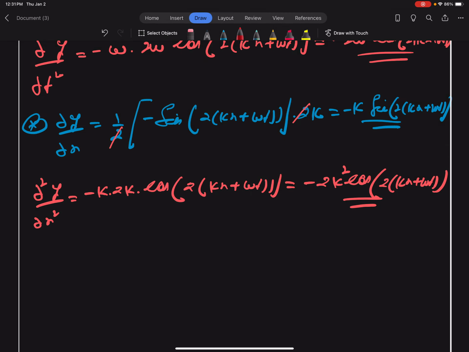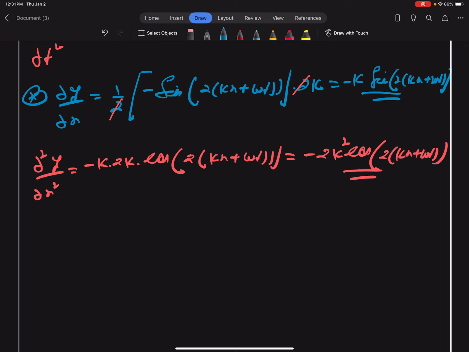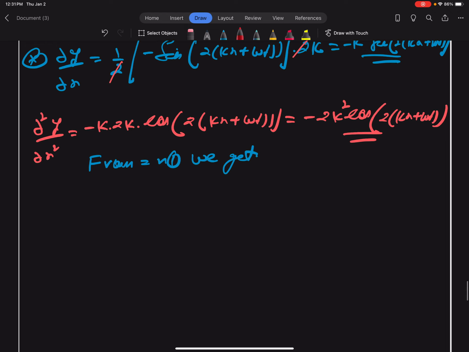Now once again we are going to use equation number 1. So we say from equation 1 we simply substitute the values. We get this as minus 2 omega square cos of 2kx plus omega t is equal to v square.